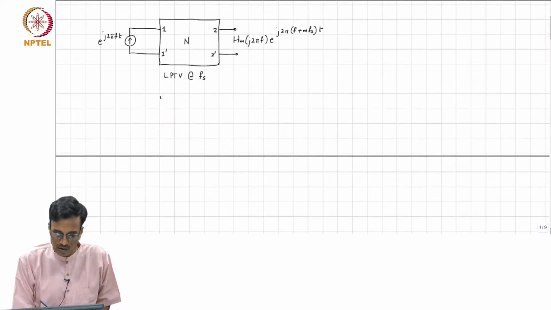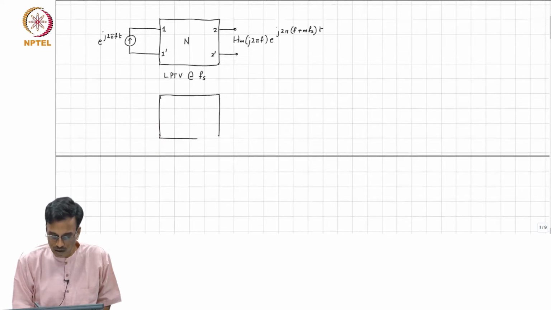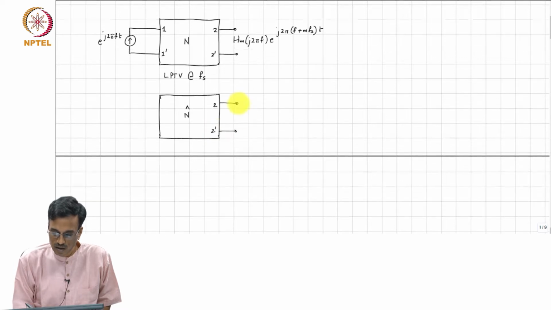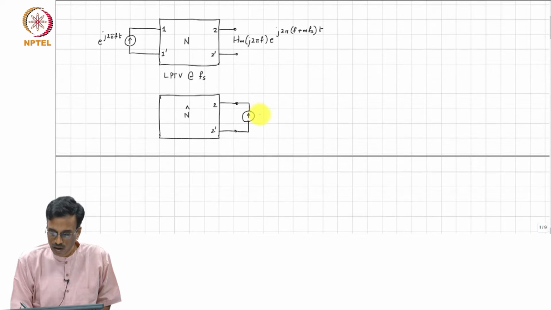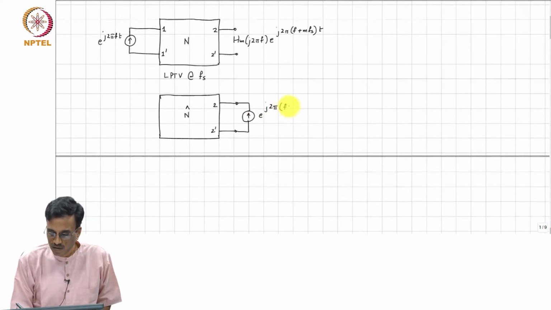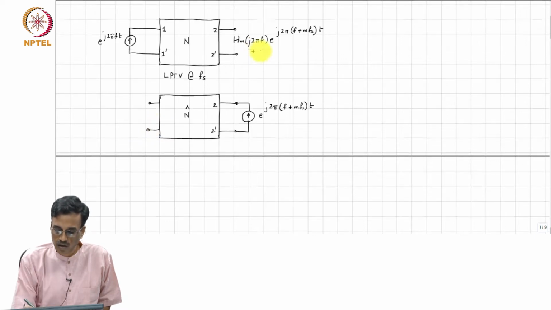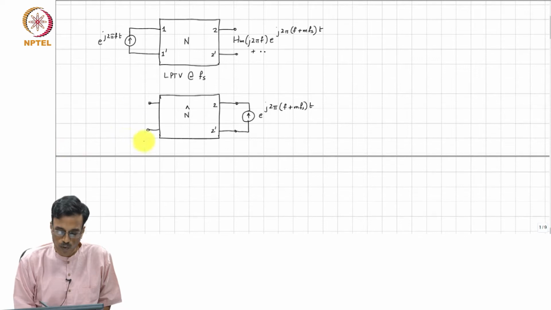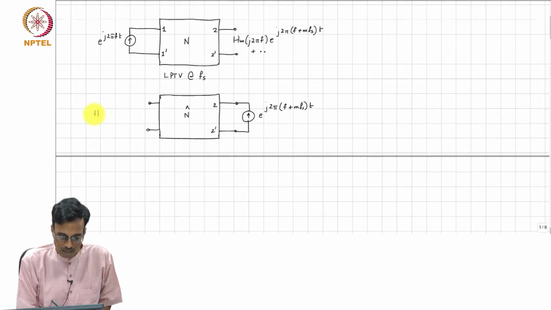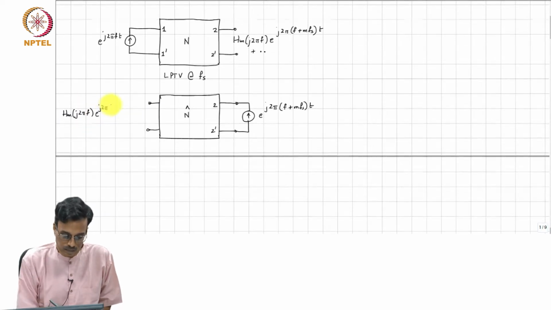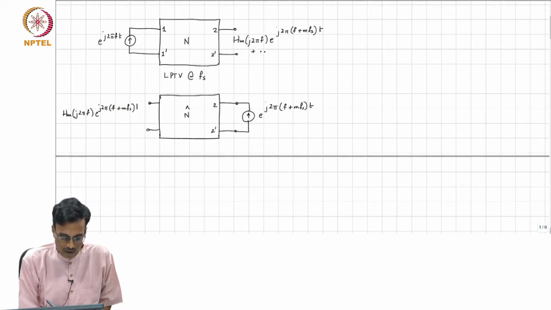You will get the same transfer function if you formed the adjoint, which is N hat, and you excite the adjoint with a tone e to the j 2 pi (f plus m f s) times t, and measure the voltage at port 1, and you will get the same h sub m of j 2 pi f times e to the j 2 pi (f plus m f s) times t.